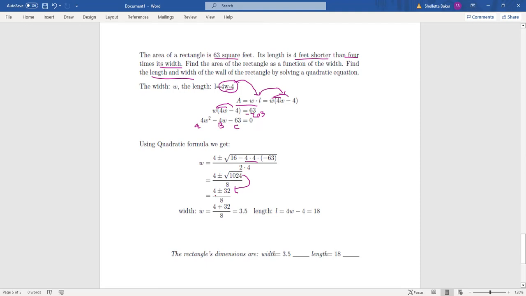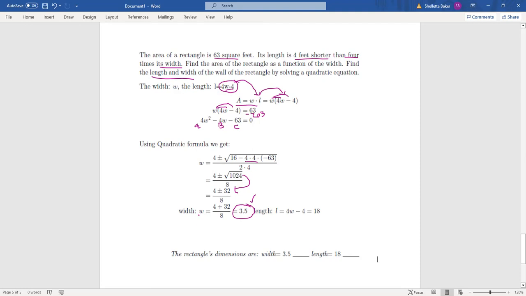Our two solutions: 4 plus 32 over 8 or 4 minus 32 over 8. You can do that addition and subtraction separately, but you'll wind up with one positive and one negative. You want to use the positive value only. So our positive value for W is 4.5.